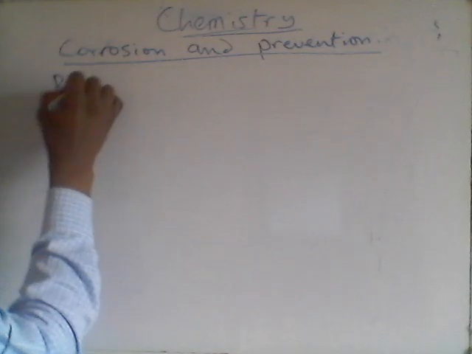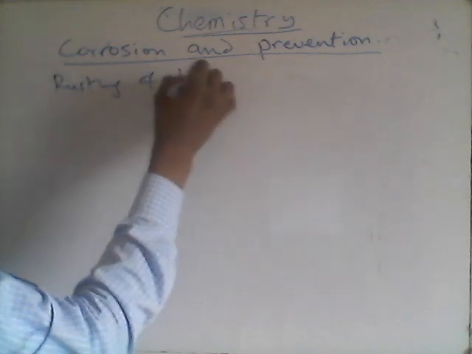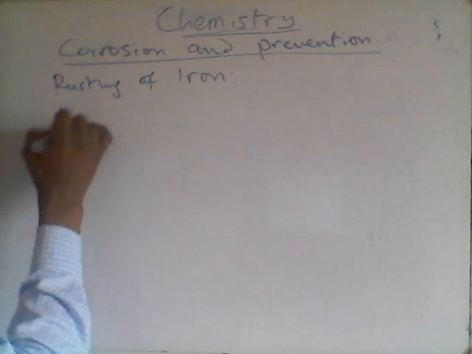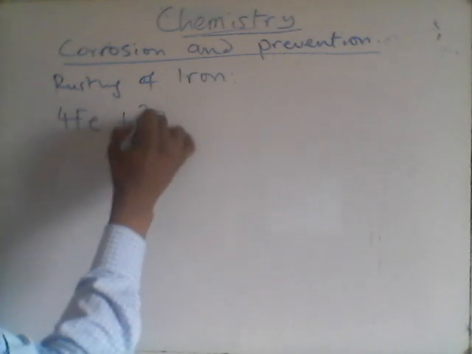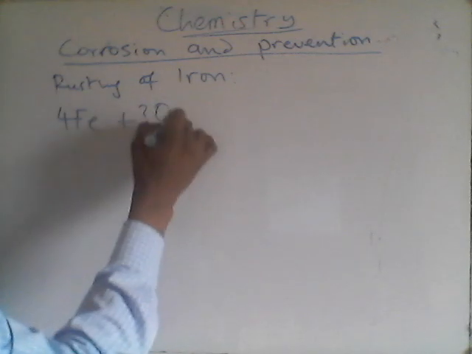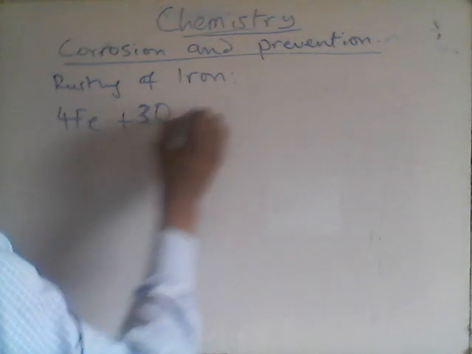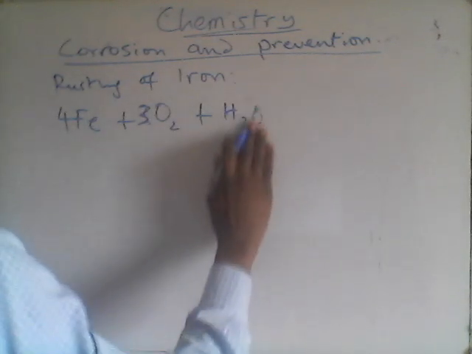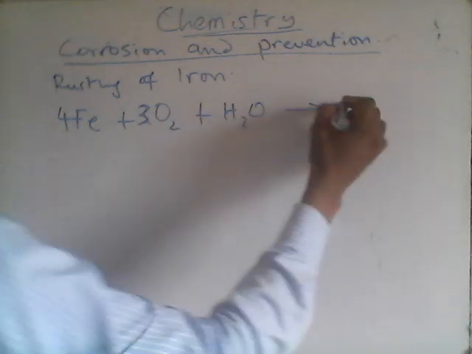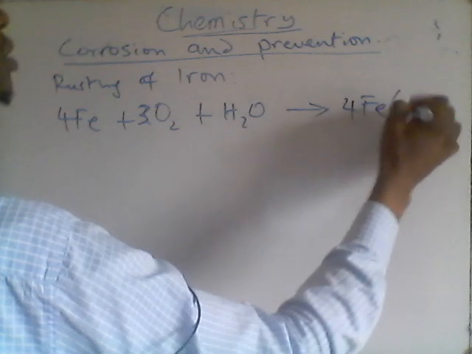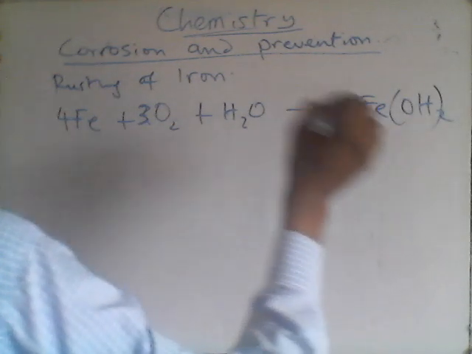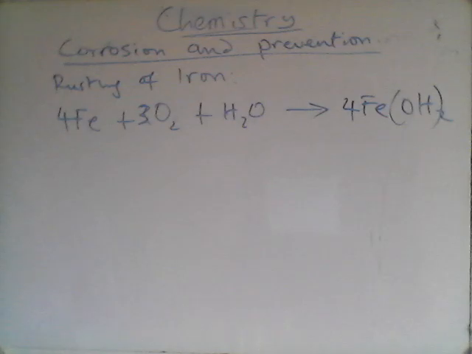So rusting of iron, I'm just going to write a chemical equation to illustrate that. So if iron is exposed to oxygen in the presence of water, please, let's write this very well, what I'll be getting is iron hydroxide.